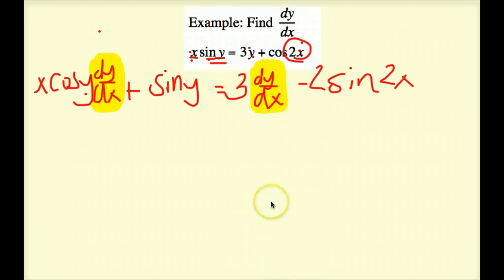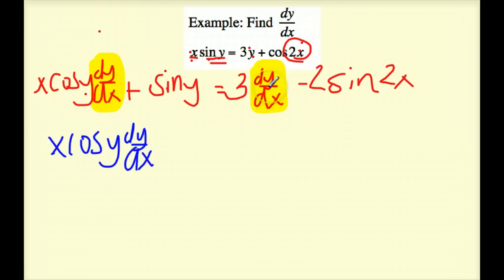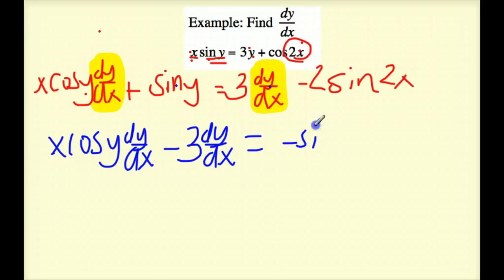So if I did my math in one step, I'm going to get x cosine y dy/dx, subtract this term off, so minus 3 dy/dx equals, I want to move this to the other side, so I get negative sine of y minus 2 sine of 2x. So far this is what we have.